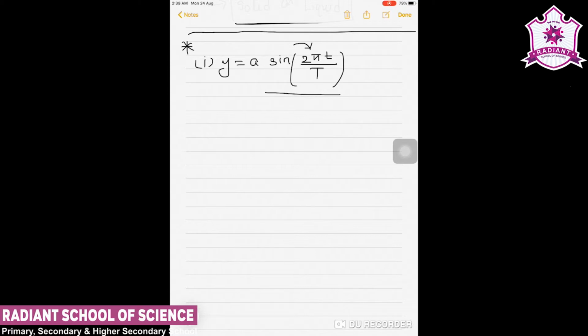So for the first part we will find the dimensions. On the left hand side they have given the displacement, so LHS is M0 L1 T0, while on the RHS they have given that A is the maximum displacement.